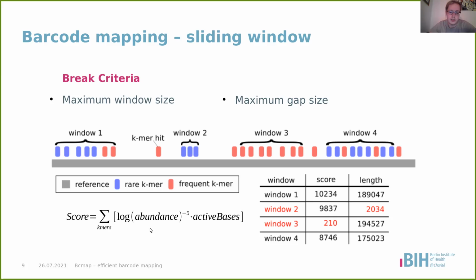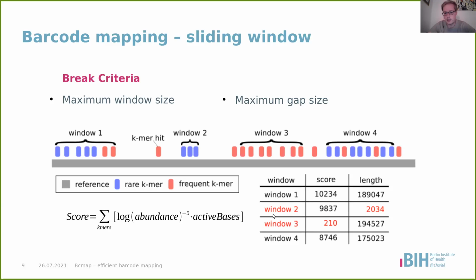For the score, it is very important how frequent a k-mer is. Very rare k-mers are weighted much higher than frequent k-mers. And we also take into account the active bases, so for how long the minimizer was active, for how many successive windows.